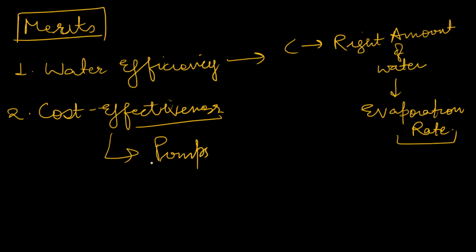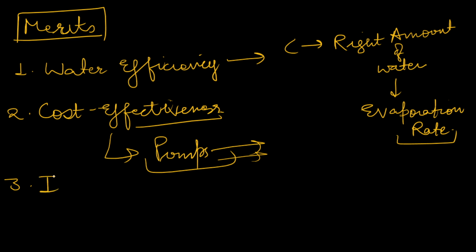These pumps have a certain energy requirement. If the farmer does not have a pump, he or she rents the pump from another owner. So as per the time, if the irrigation rates are lower, we have to give a specific amount of irrigation. So there will be less energy consumption, and obviously that will be cost effective for farmers.